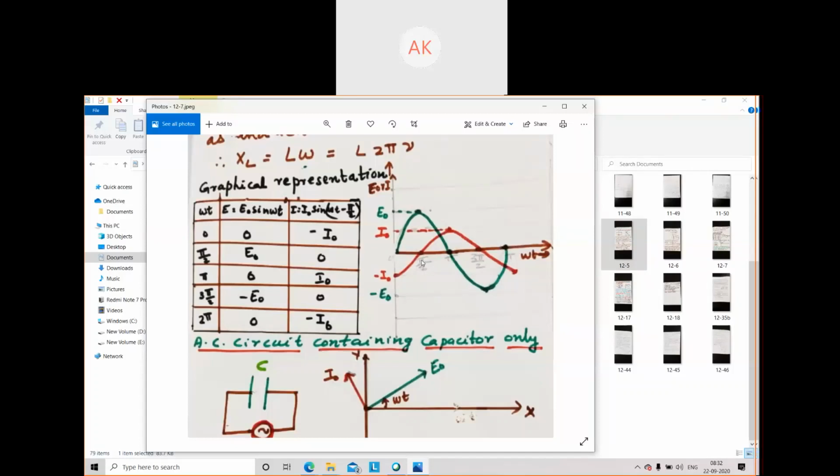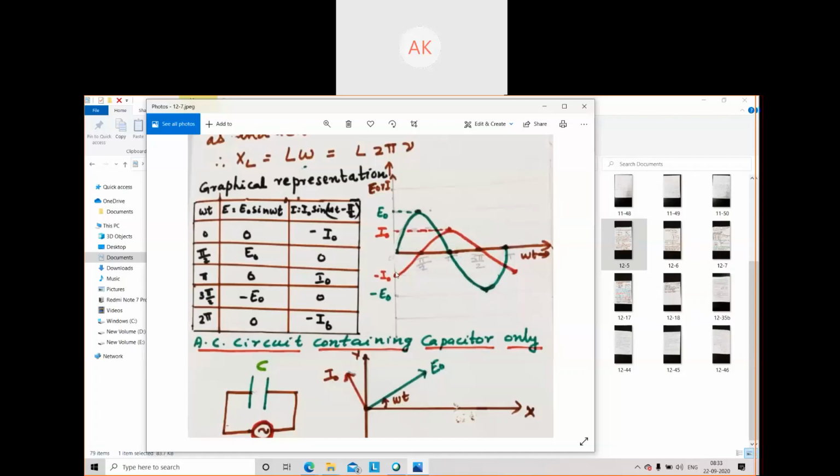The next value at 3 pi by 2 is minus E0, the peak value in the negative direction. When it reaches 2 pi, the value of E becomes 0. With the green pen, I have drawn the graph for EMF against omega t. We get the curve like this.